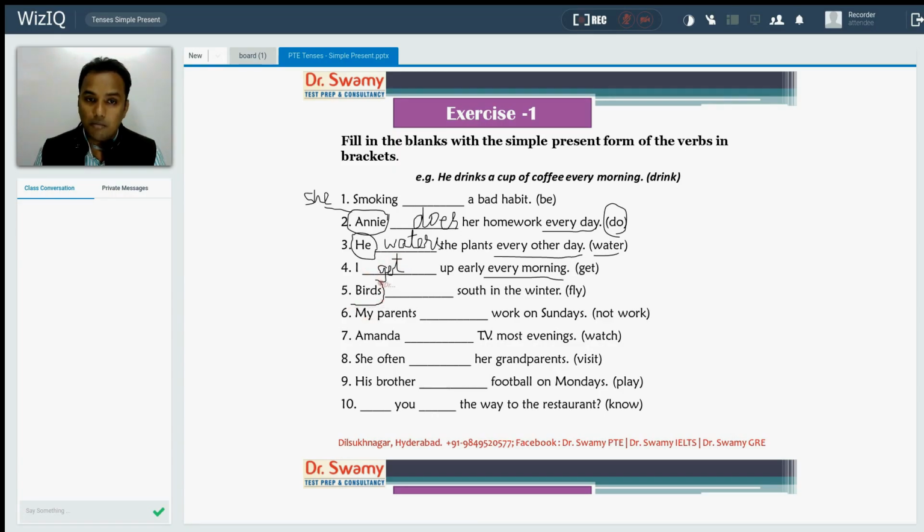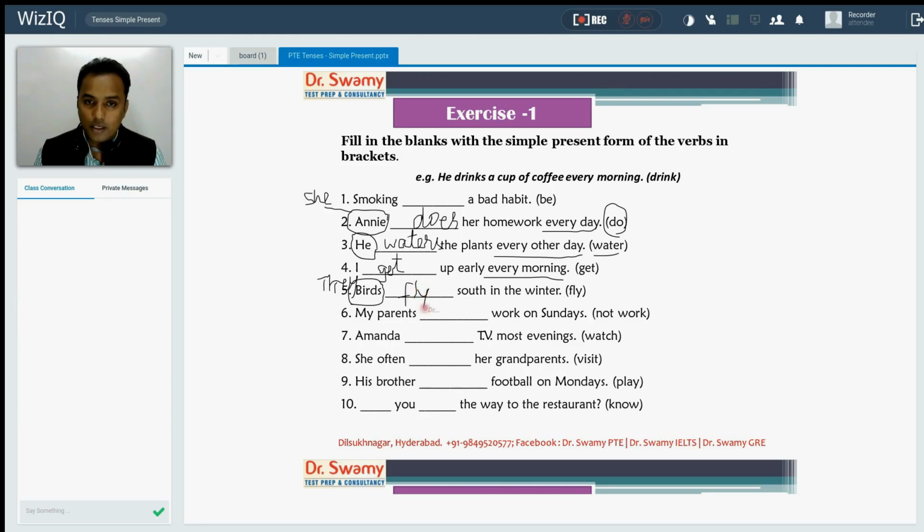Now look at this one, birds. What is the subject here? Birds. Birds would become they. Since it is they, you don't have to add s to the verb, so the answer remains fly.